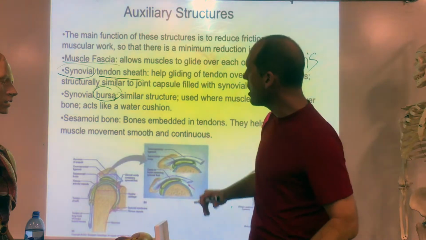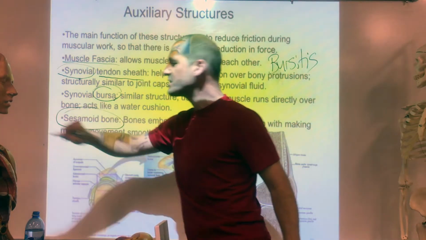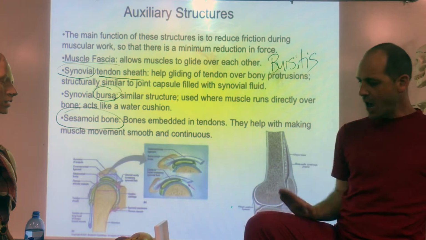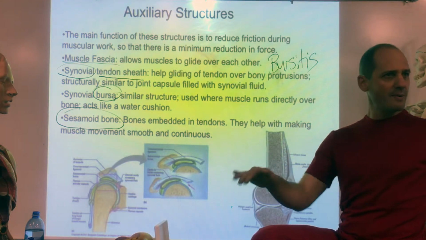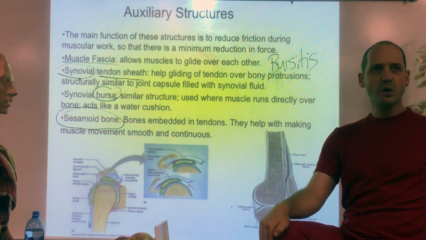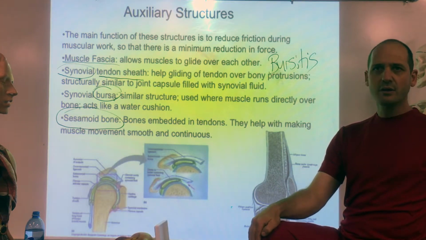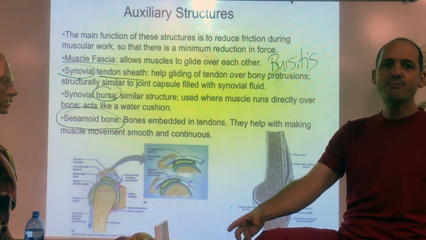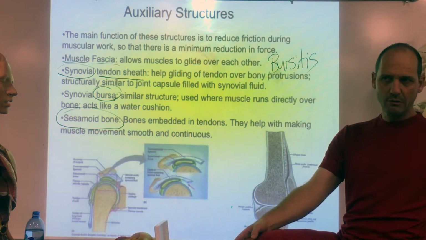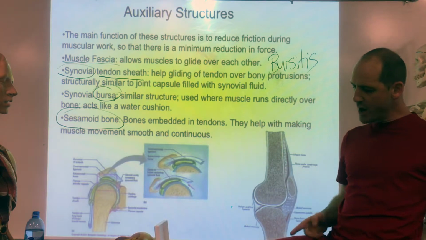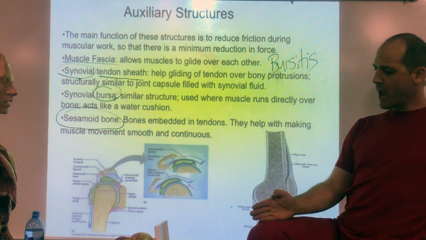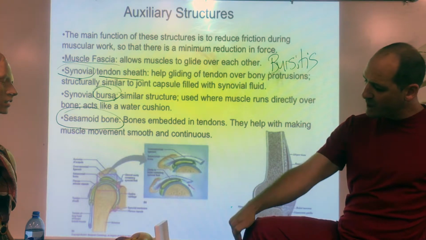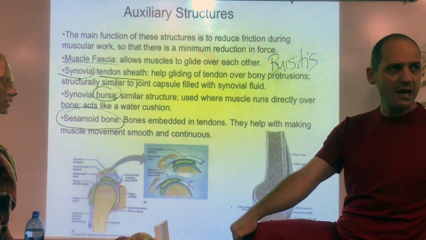And then the other thing we already talked about is the sesamoid bone. We talked about the kneecap, how it helps round the muscle function. Do you remember that? We talked about that in the tissue chapter. A sesamoid bone is in a tendon and aids the motion to be smooth. So when you look at the quad, the quads go forward and then they round because the tendon has a bone in it, that's the patella.